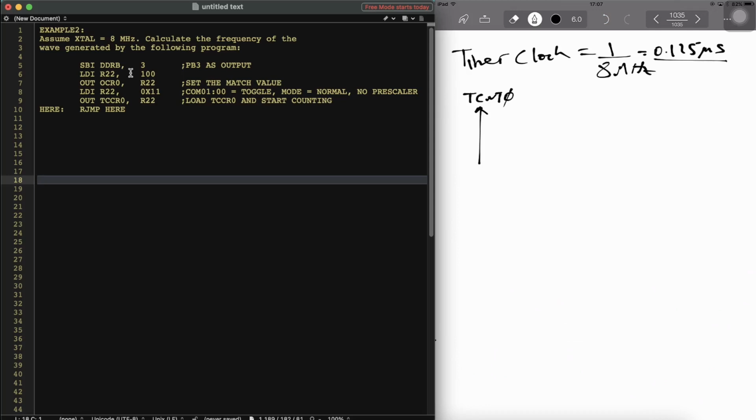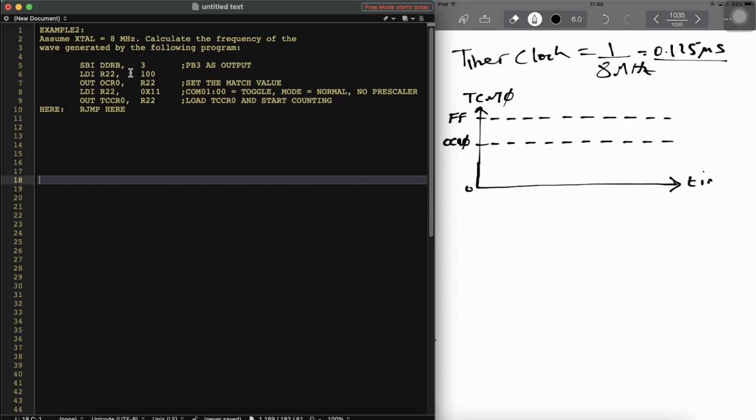So TCNT0, this is FF, the highest value that we have in TCNT, and let's set down the bits. So this is 0, and OCR is going to be 100. So that's where we have got the 100, and let's have another dotted line for that, and this is going to be the time.